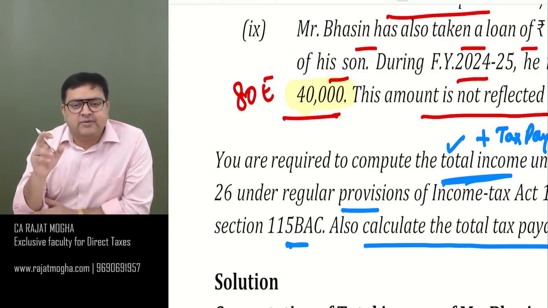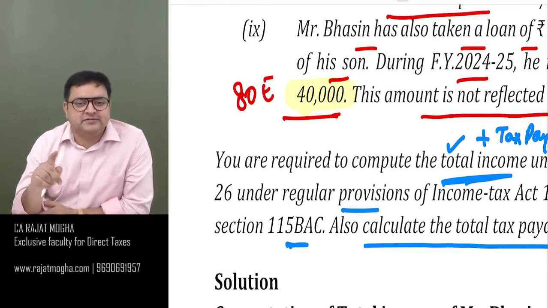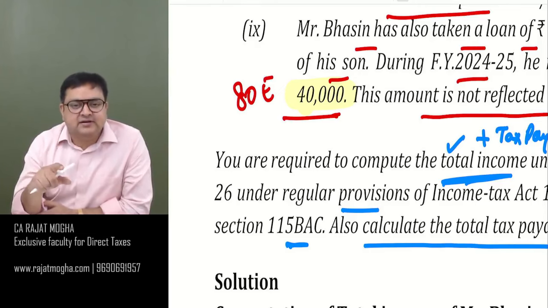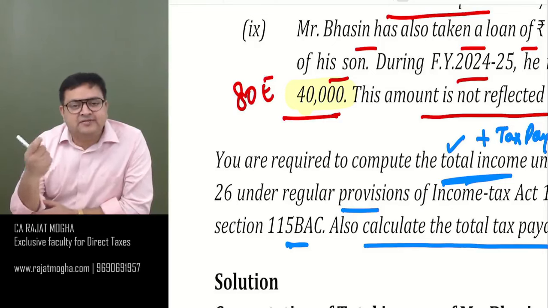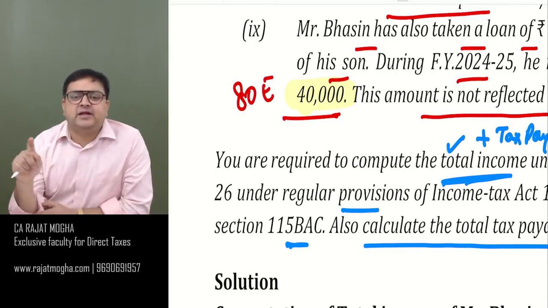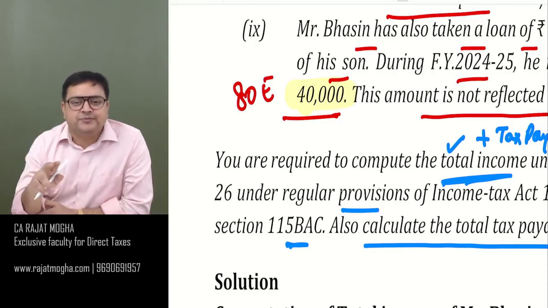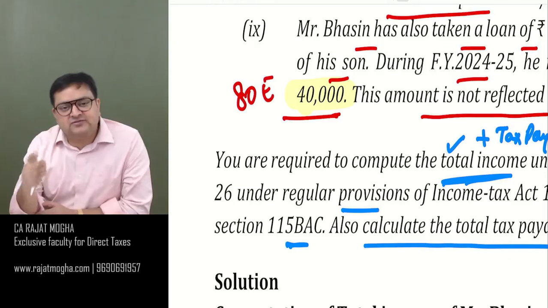Now in your mind, you might think principal repayment was there in 80C, but that is for housing loan construction or purchase, not for any other loan. Please remember, 80C, 1,50,000 deduction is available when you repay the loan. The principal repayment is allowed, but only and only for housing loan, not for anything else. And that too only for purchase and construction.